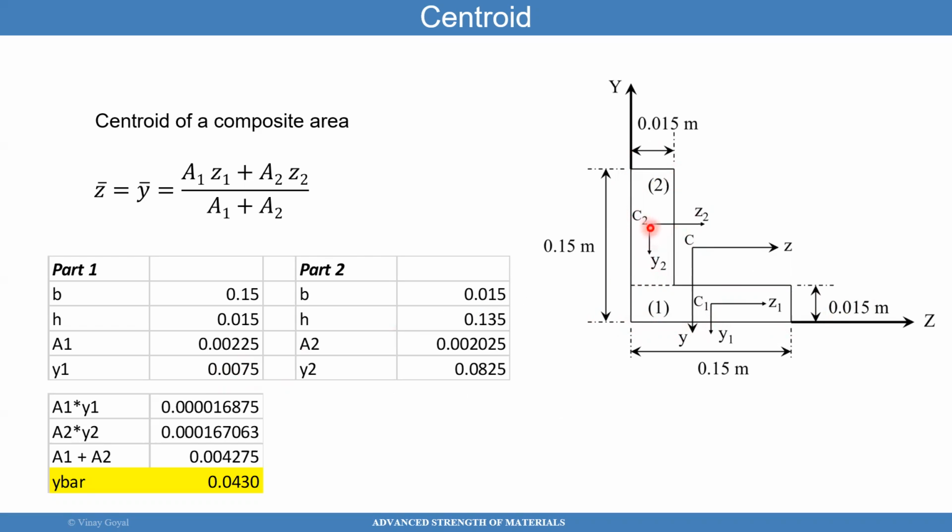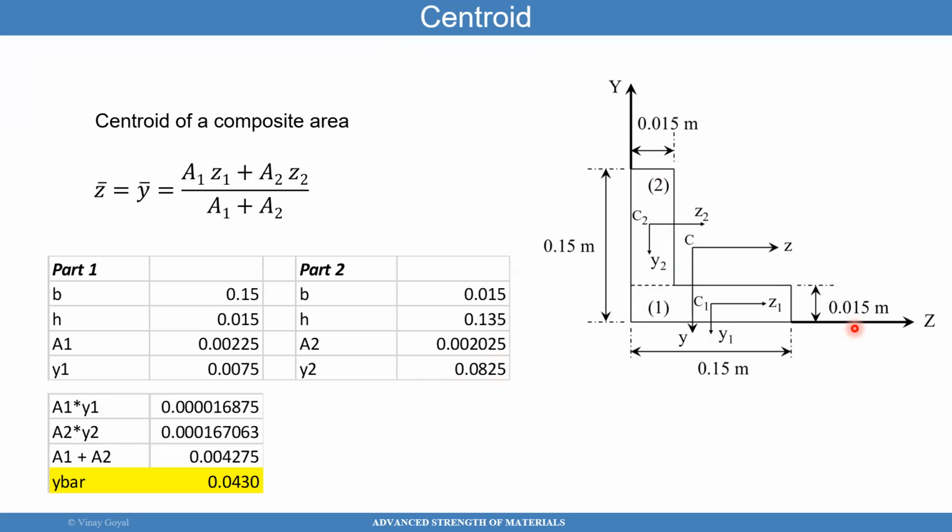And that distance from here to here, just using geometry, I invite you to pause the video and try it. You will get the value of 0.0825. You know this height is 0.015. You can determine this height as a total, so that's 0.15 minus 0.015. That's actually a very simple calculation.